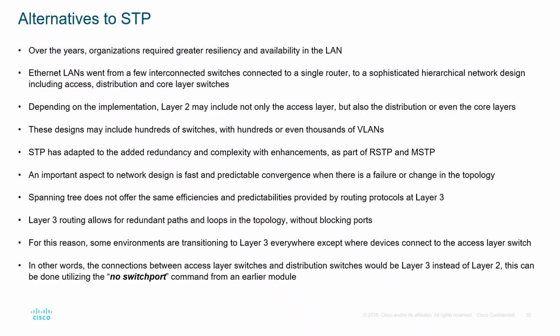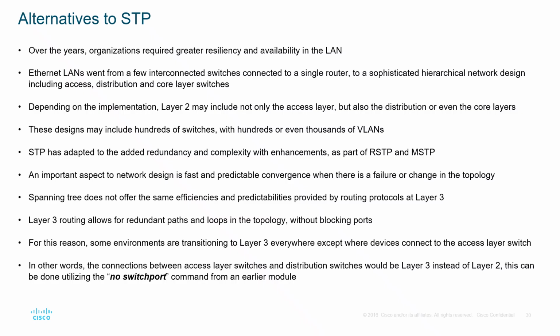An important aspect of network design is fast and predictable convergence when there is a failure or a change in your topology. Spanning tree does not offer the same efficiencies and predictability that is provided by protocols at Layer 3. Layer 3 routing allows for redundant paths and loops in the topology without actually blocking any ports.